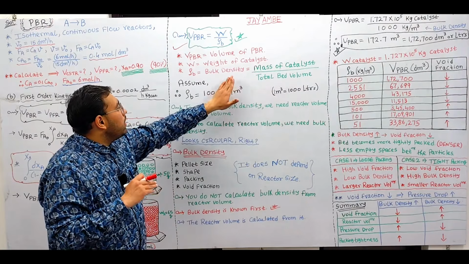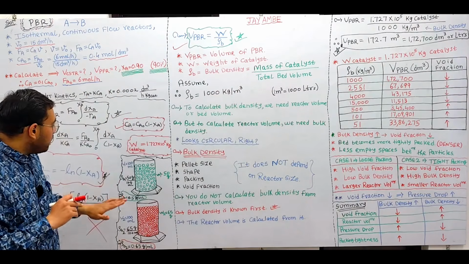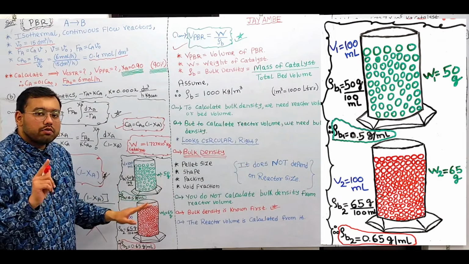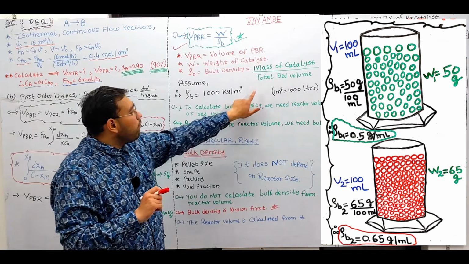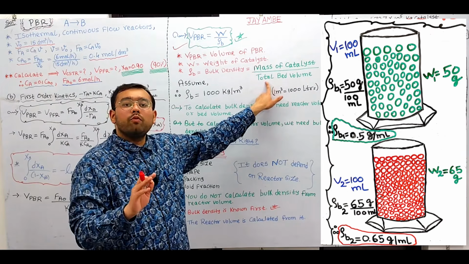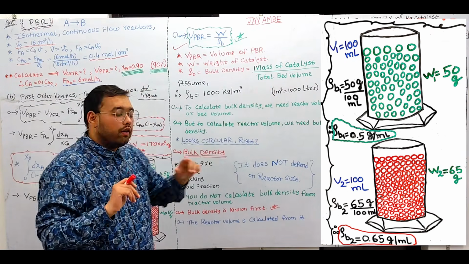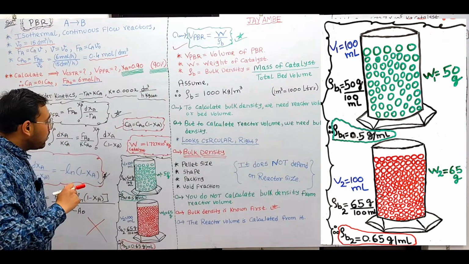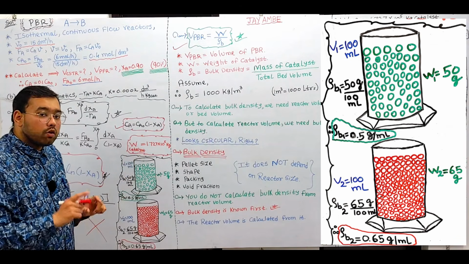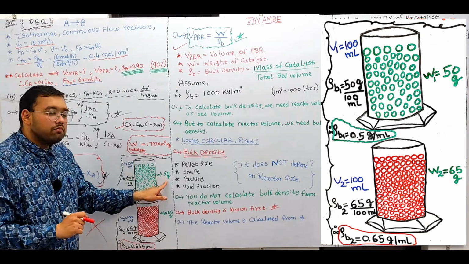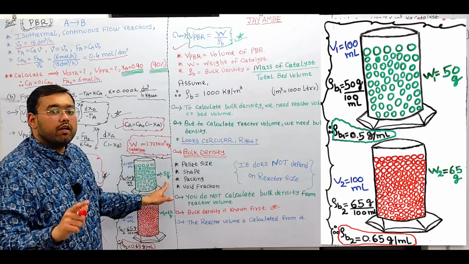So the mass of the solid catalyst, for the first case, is 50 grams. The total bed volume, which means the total volume occupied by the solid catalyst, is 100 ml, occupied by 50 grams of solid spherical catalyst.